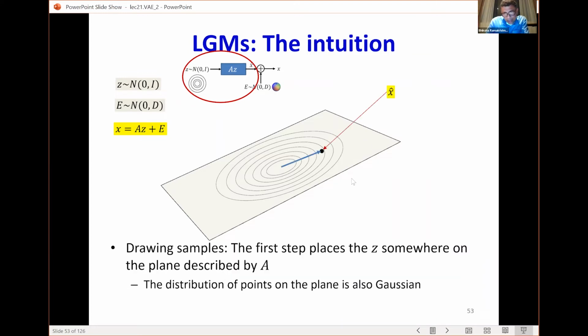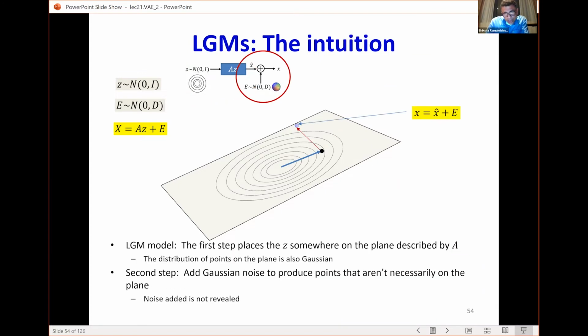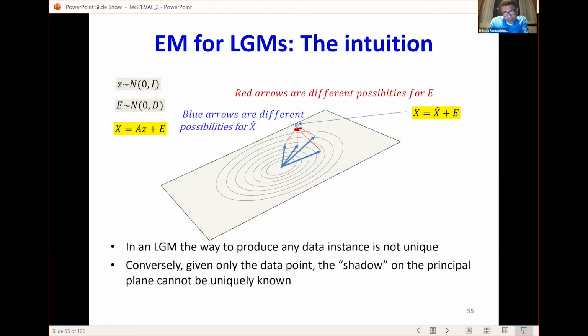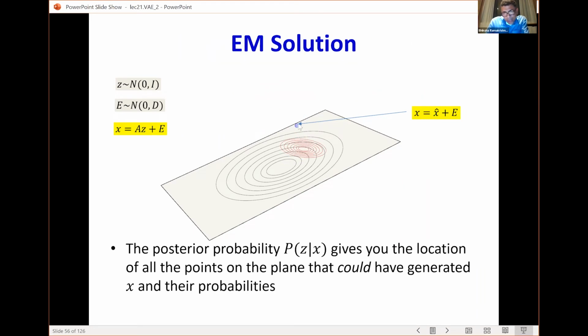So you go there, take a step, and you get your observation. But when you're trying to estimate it, we don't really know which location on the space generated the data point. So you go back and take a look at what are all the locations on the space that could have generated the data point.